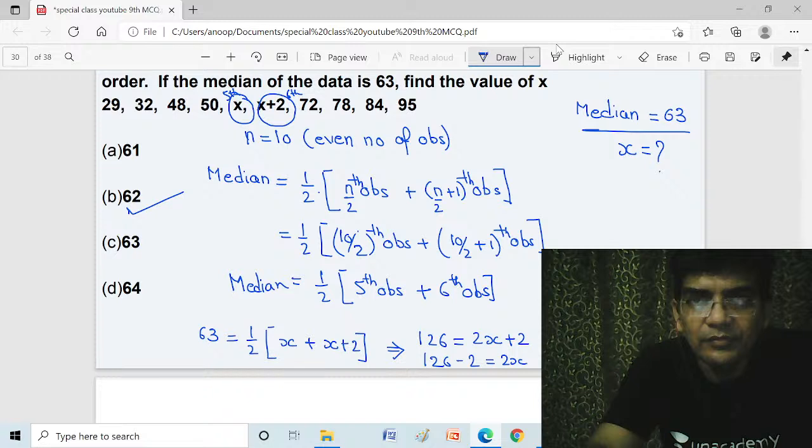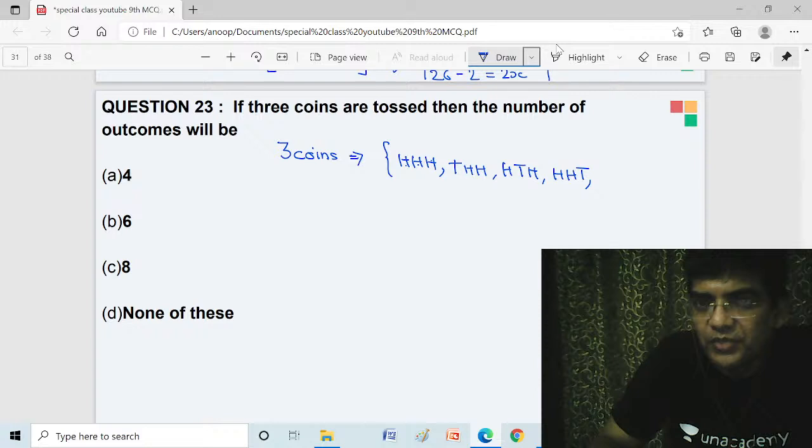Now one by one you replace tail in these 3 positions: first position, then second position, then third position. So first you take head on all the 3 coins, then replace tail one by one. Similarly, you do with tail on all the 3 coins, and next you replace these positions with head one by one.